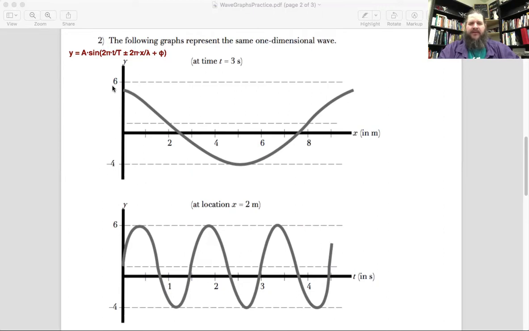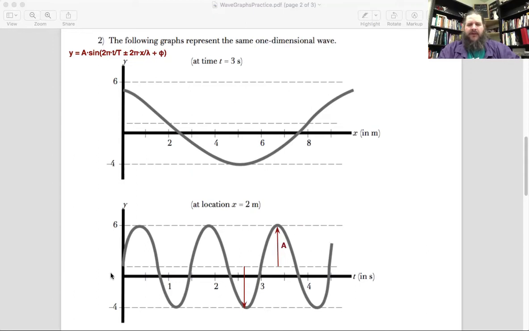If we add 6 plus -4 and divide by 2, yeah, we define amplitude as the distance from equilibrium to the crest or equilibrium to the trough. Equilibrium is the halfway point in between. So amplitude would be this difference from equilibrium up to a crest or equilibrium down to a trough. That should be the same distance. So that would be the amplitude.